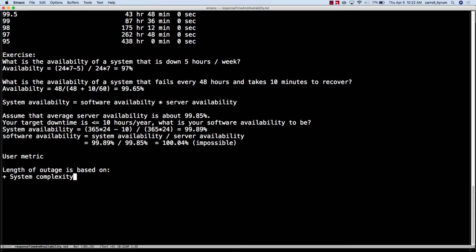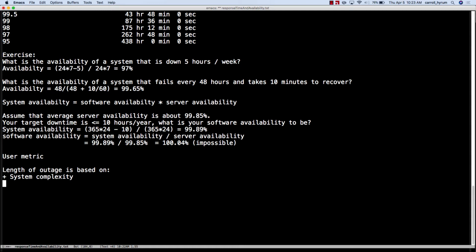So the length of the average outage, as a system is more complex, it's going to take more to get it back up. If there's a long sequence to start things up, it's going to take a long sequence to restart them. If it's tedious, it's not automated, it's going to take longer. Okay.